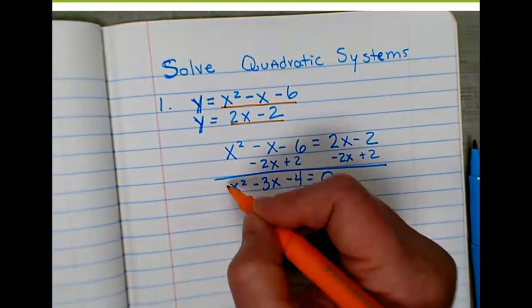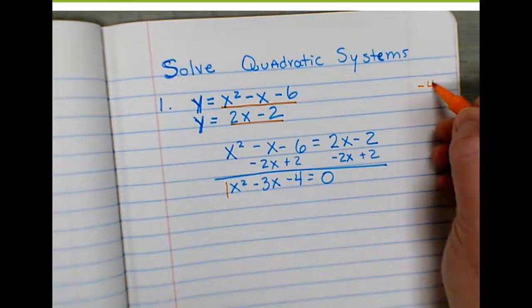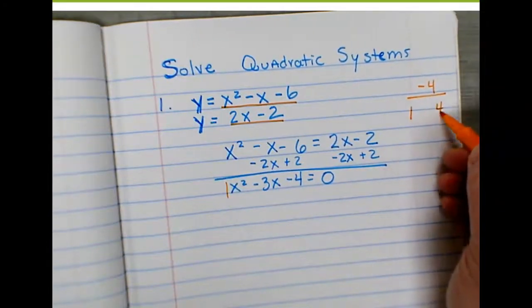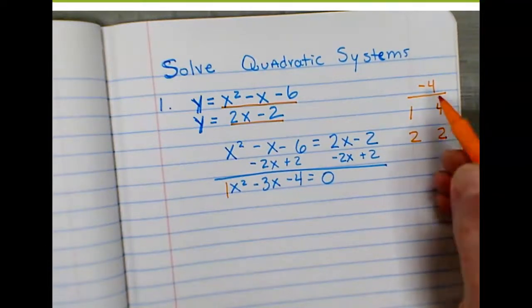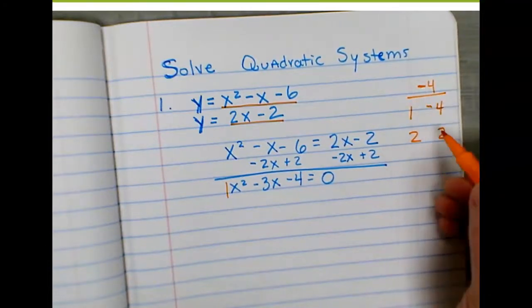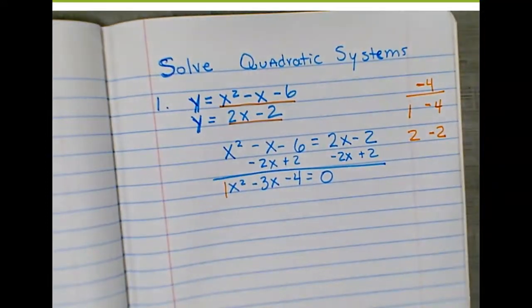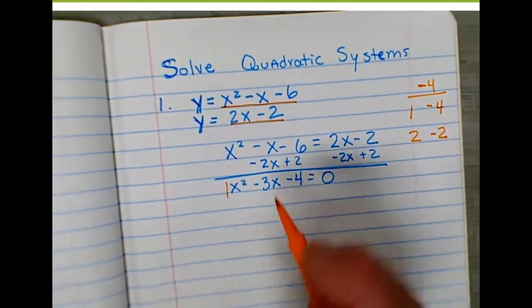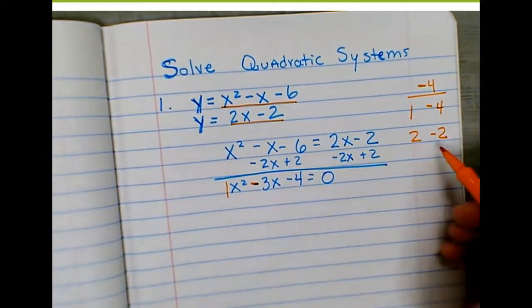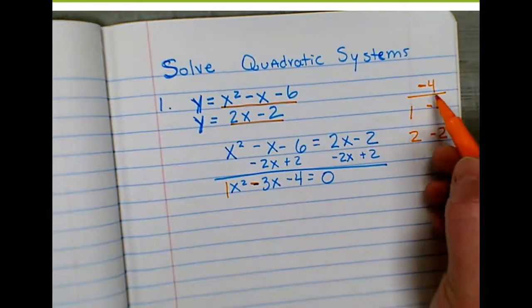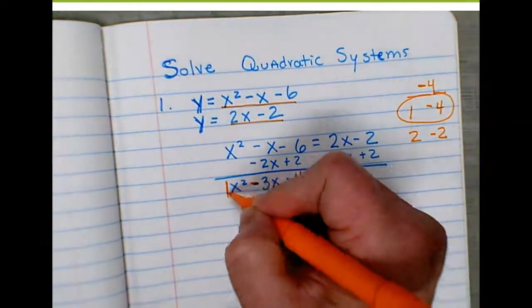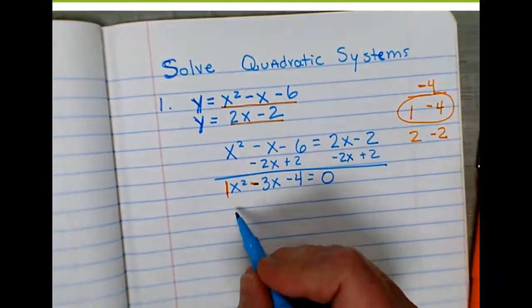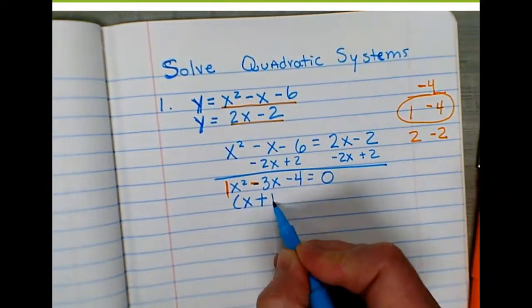You multiply the first number times the last number and write down the factors of 4. If this is negative, then something has to be negative. If this is negative, the bigger number has to be negative. Is there a pair that can add up to -3?